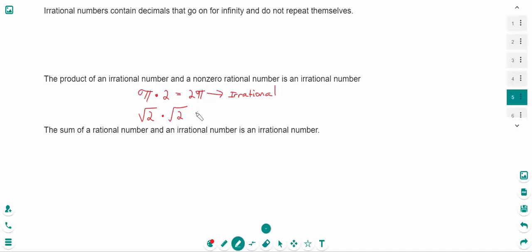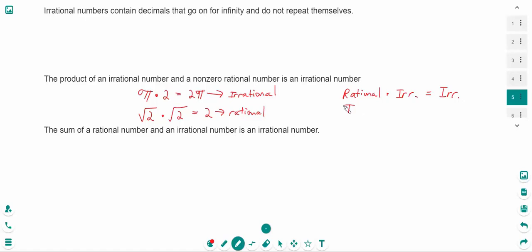Well, the square root of 2 times the square root of 2 is actually a 2, and that is actually rational. So if you have a rational times an irrational, then you will get an irrational.